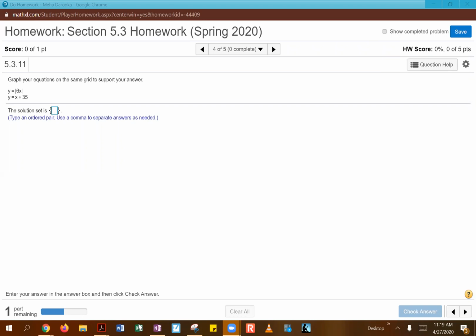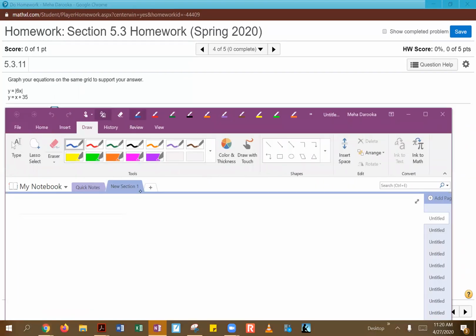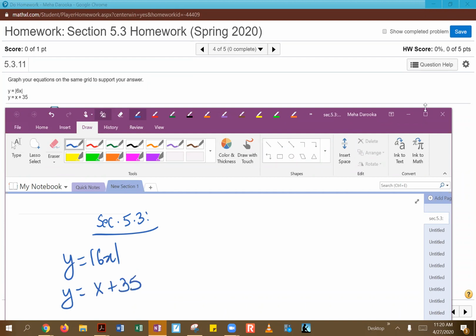Now they're talking about graphing our system to see what the solution would be, but I think we'll just go ahead and solve this like a system of equations using substitution or the addition method. Let's take a look at this first. We are given y equals absolute value of 6x and y equals x plus 35.